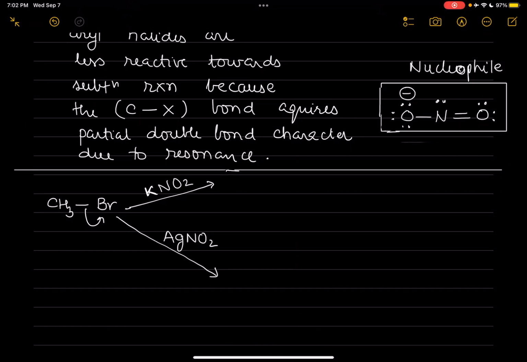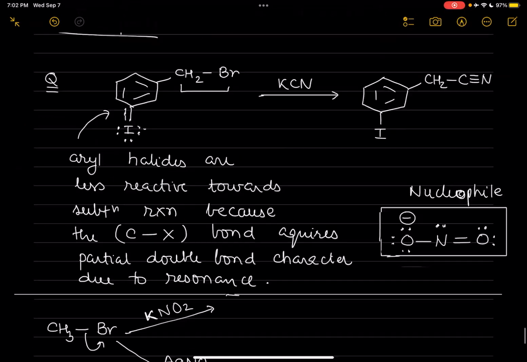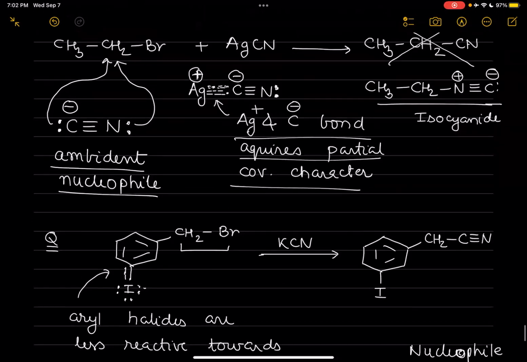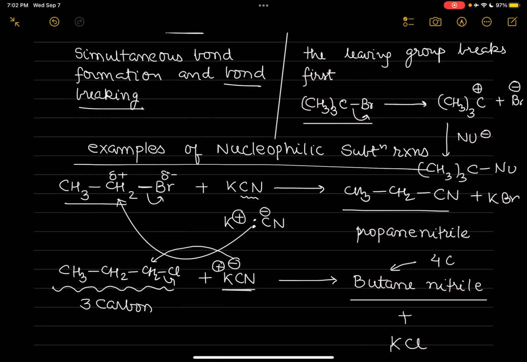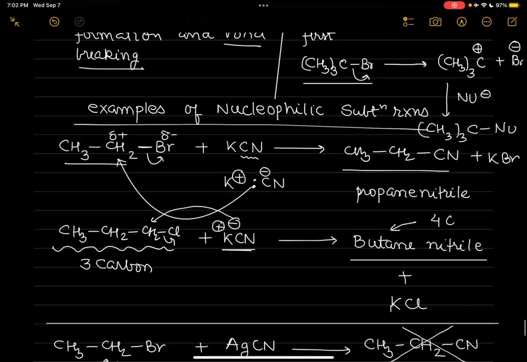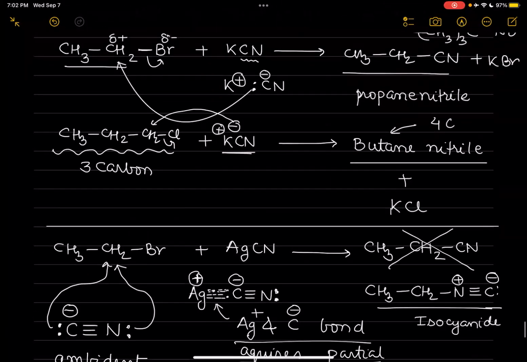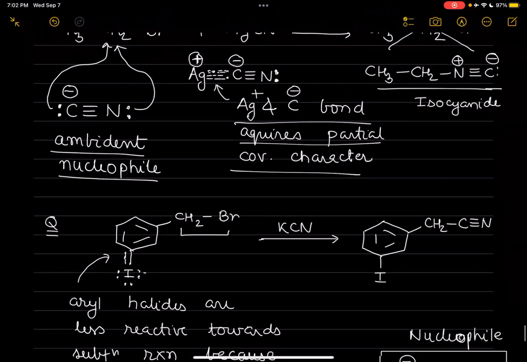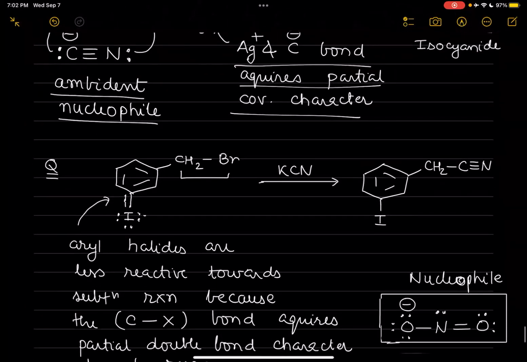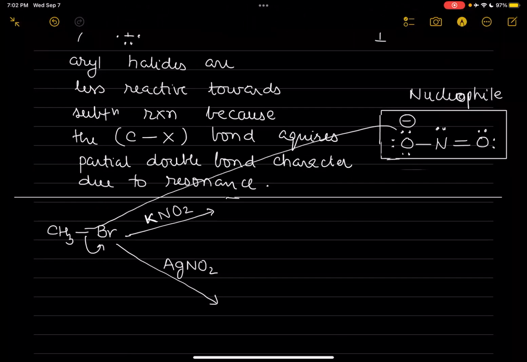Because it has a minus charge. Normally in CN also we attack with C minus because K plus is separated. The atom carrying the minus charge is more unstable because it is a charged atom. It has more density, so it is more reactive. So normally the attack will be from the oxygen side, right?